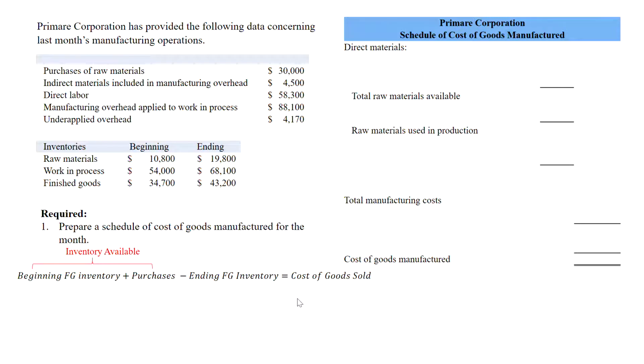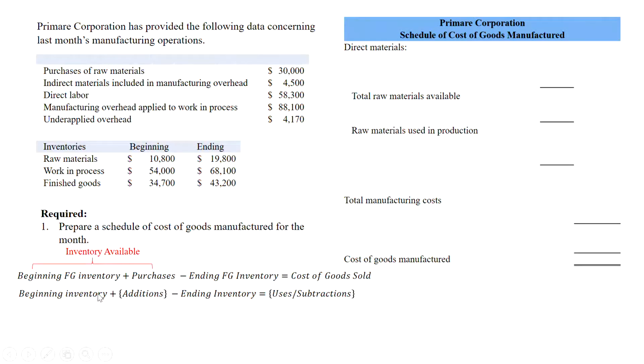That equation's great. It stays the same with some modifications here, and I'm going to make it more generic. Instead of saying beginning finished goods inventory, I'm just going to say beginning inventory, because with a manufacturer, we don't just have finished goods inventory. We have 3 different types of inventory: raw material, those parts and pieces that you buy from your suppliers; work in process, goods you've worked on but are not yet complete; and finished goods, complete manufactured units.